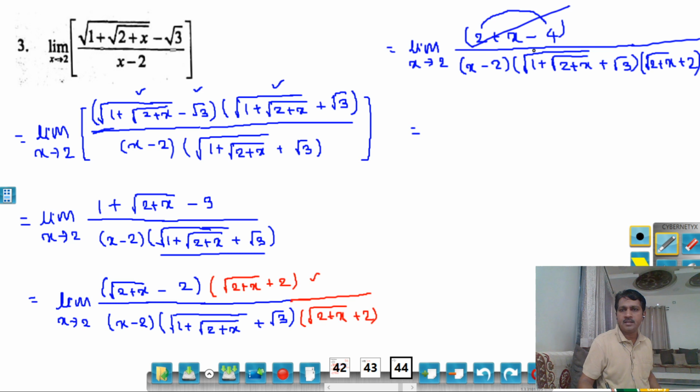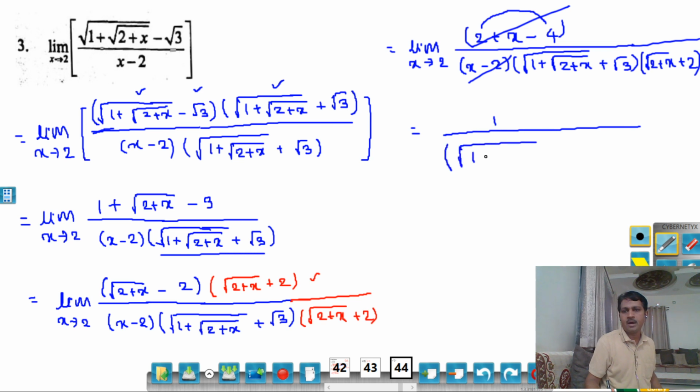So after cancelling this and this, I can directly put the value of x as 2. It is square root of 1 plus square root of 2 plus 2. X is tending to 2, so this root 3 as it is. And x tends to 2, so I am writing now the value of x to be 2.